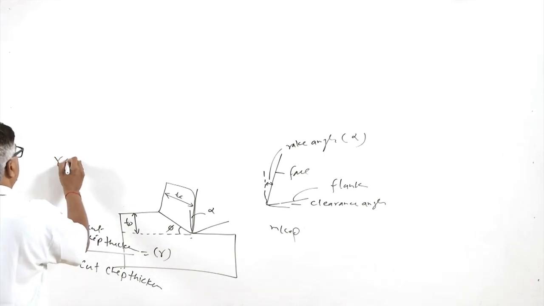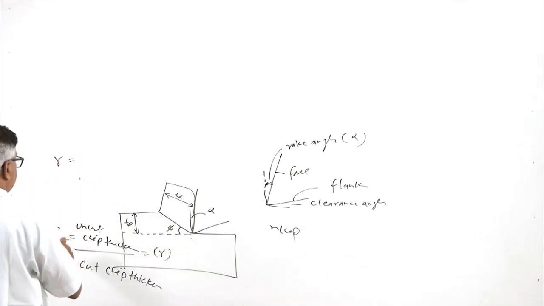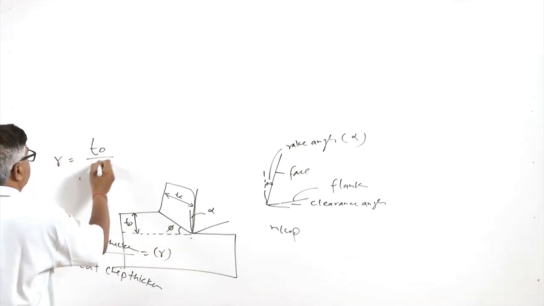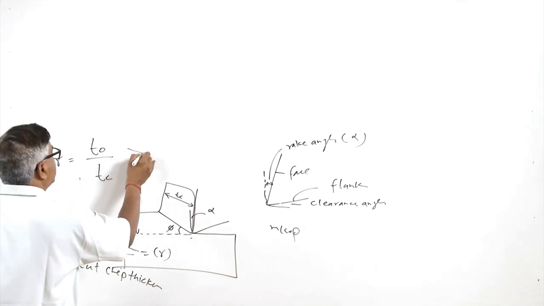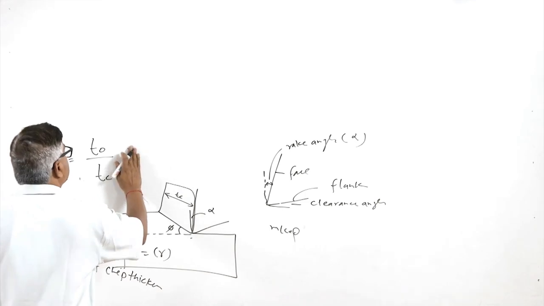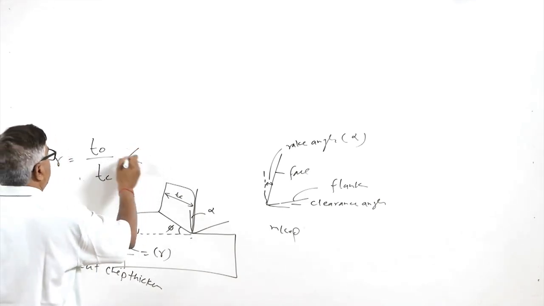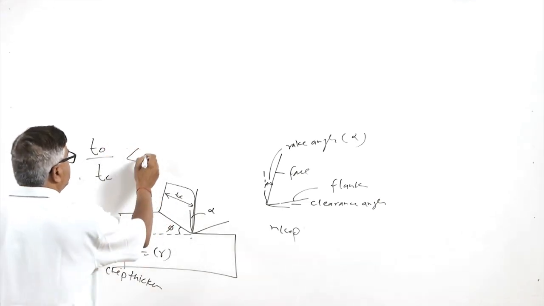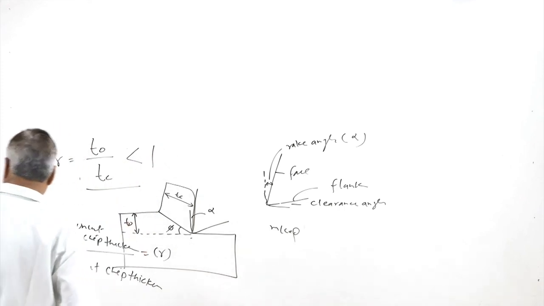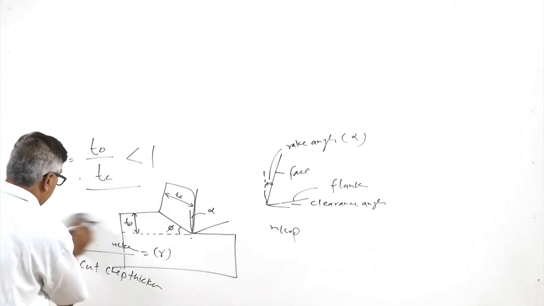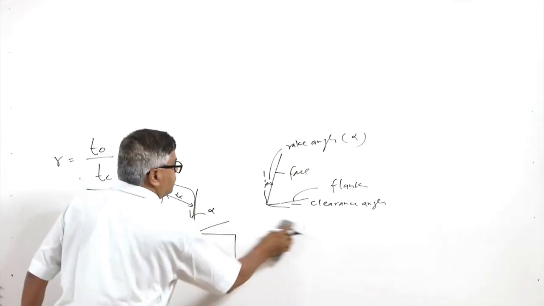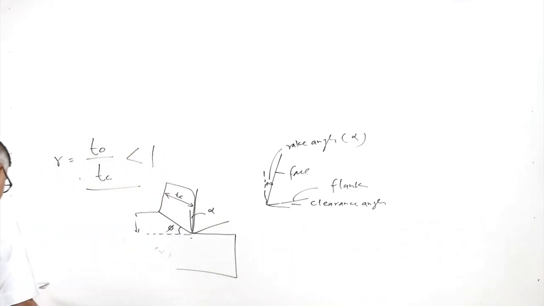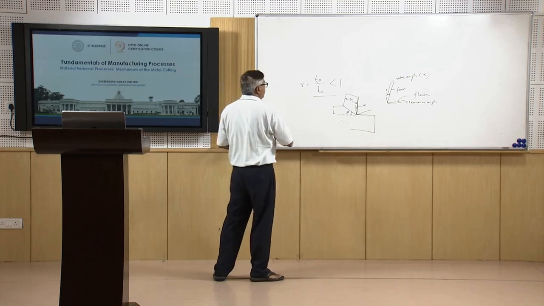So, a small r, the chip thickness ratio, is expressed as T naught divided by Tc, which is always less than 1, because T naught is always smaller than Tc. So, this chip thickness ratio is expressed with the help of one equation.